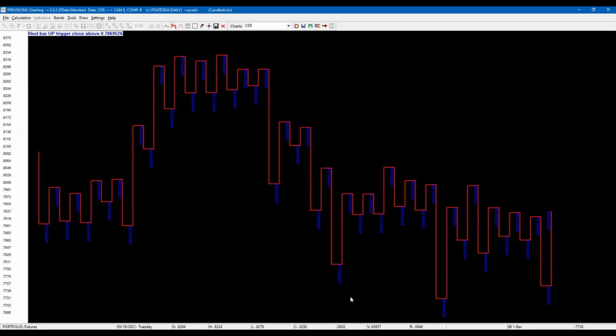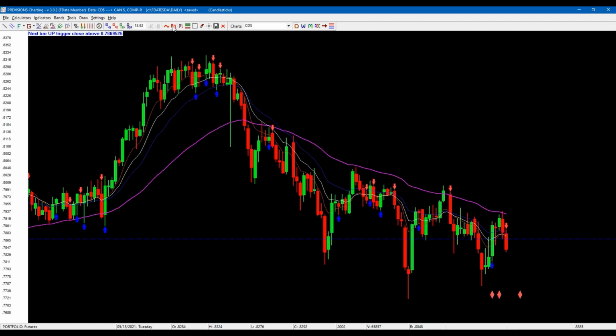Now, what I want to direct your attention to is if you look at where we are now, right here, we're actually coming back down, I believe. Let me take that off. Let's see here. Okay, this is today's price bar, which is the 929 price bar. I put this in manually because I don't get my data until 7 o'clock Central Time in the evening. It's end of day data.